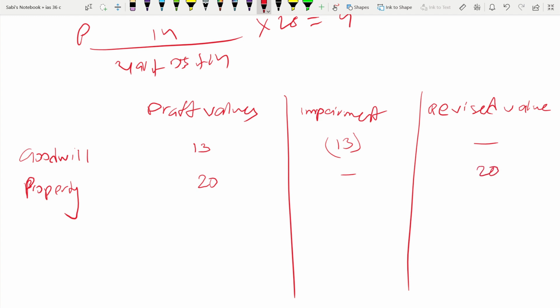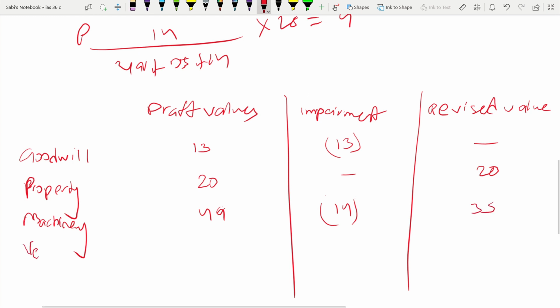Coming to machinery, machinery is 49. Just now impairment you found out, by proportion it was 14, so you deduct 14, it is 35. Coming to vehicles, vehicle was 35.